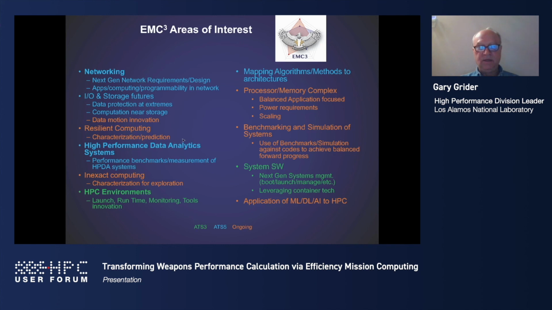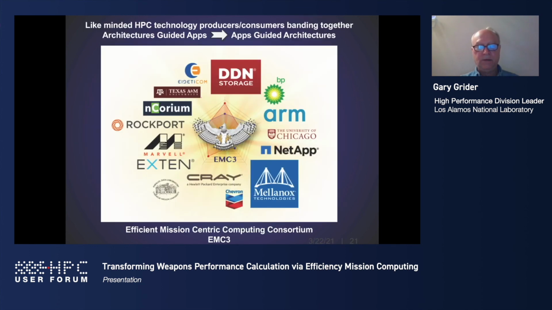Resilient computing we've been into for a long time, you probably know. And then, of course, data analytics and inexact computing and other kinds of things like that. As well as, on the compute side, processor, how to tailor the processing memory complex to do its job better. Benchmarking systems, simulation of systems that we might deploy in the future, and so forth. So those are the areas of interest for EMC3 and partnerships on this page.